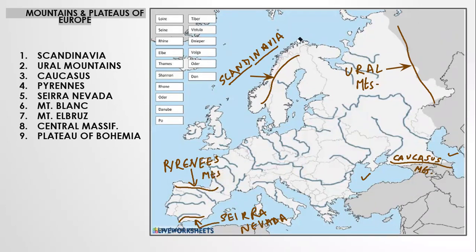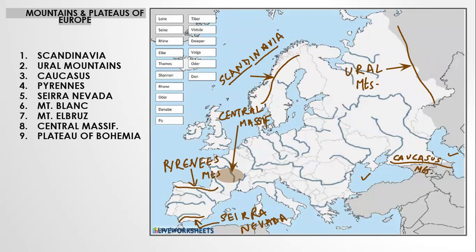So let me first mark this, Central Massif, and I can draw an arrow and write it somewhere else. I'll write it here. Central Massif.